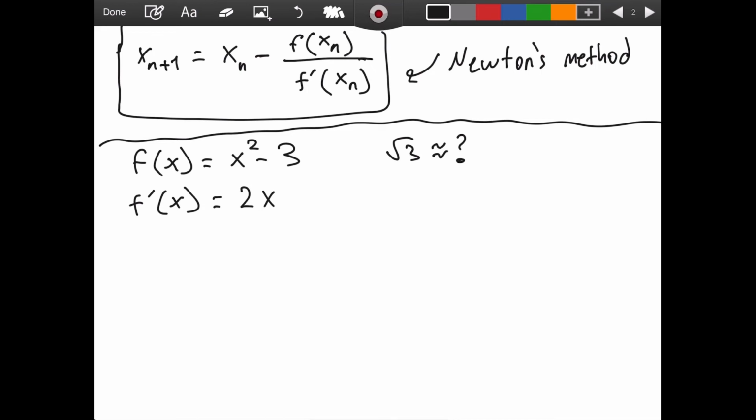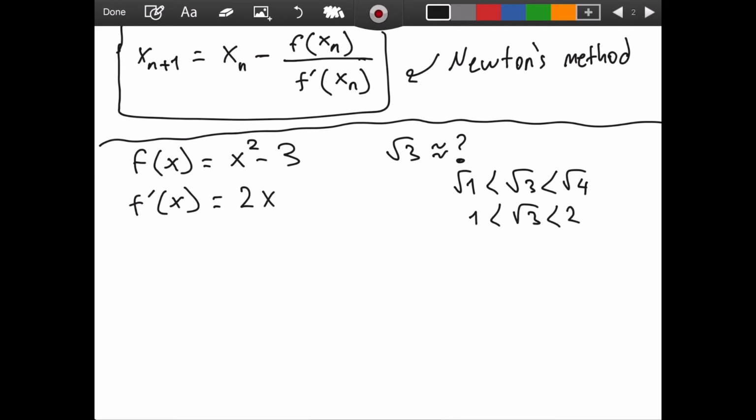So let's choose a starting point, and a good x0 value would be a value that is close to the root itself. We can tell that the square root of 3 is obviously less than the square root of 4, and it is greater than the square root of 1. So the square root of 3 is greater than 1, and it is less than 2.